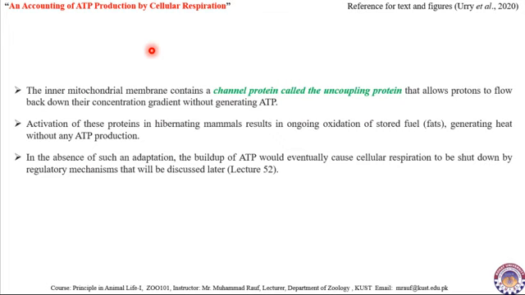Therefore, to keep this glycolytic pathway running, they only produce a small number of ATPs and they keep on oxidizing the fat or the glucose molecules. Brown fat is also used for heat generation in humans.